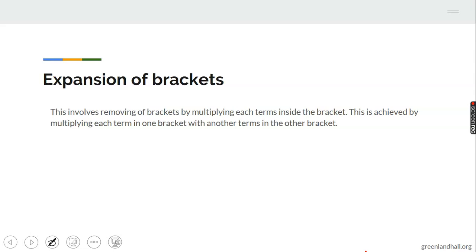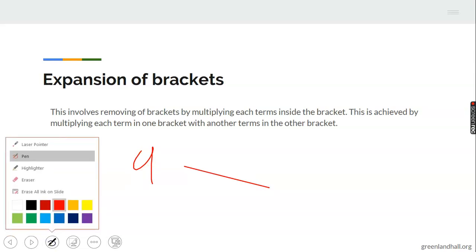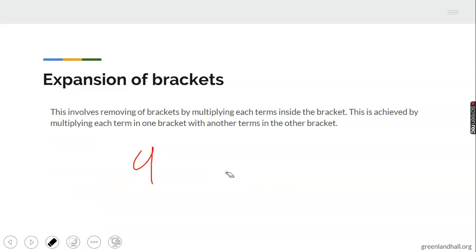The next part is expansion of brackets. In one way or the other, we've come across something like this. When we say expand or remove the bracket, and you are asked to remove the bracket A into C plus D, you can expand this bracket by multiplying.